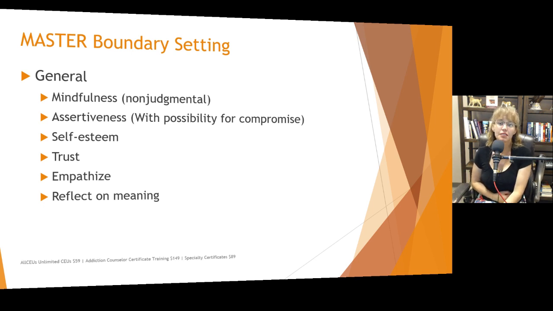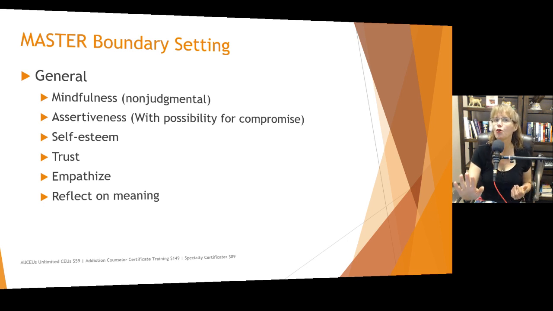And when I talk about reflecting on meaning and trust, that's where it does come down to starting to pay attention, becoming more mindful of our boundaries in relationships. If you look at your relationships right now and you go, you know what? The boundaries in my relationships really stink. And it could be a variety of different types of boundaries. It's important to figure out what you want your boundaries to look like and why, and then start becoming more mindful so you are aware earlier about boundary violations.